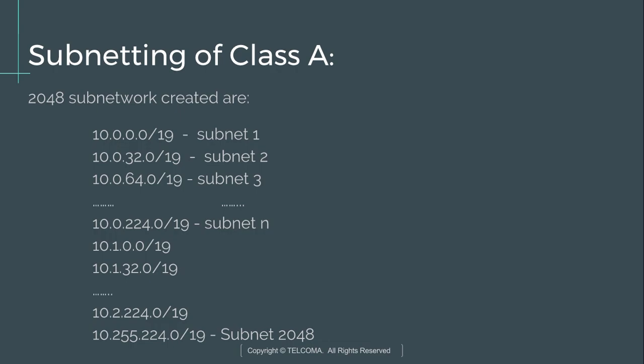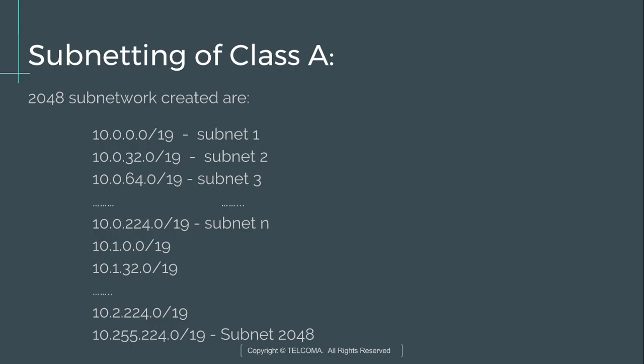The subnet mask is /19, and the subnets are 10.0.0.0, then the next IP address is 10.0.32.0, then 10.0.64.0. By adding 32 each time, we get the subnet IP address of the next subnetwork.